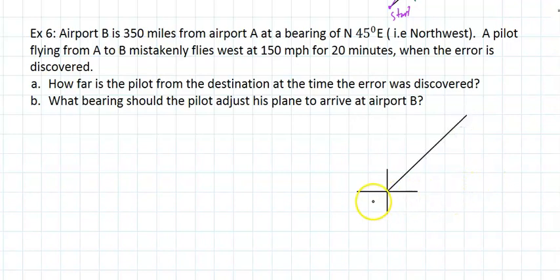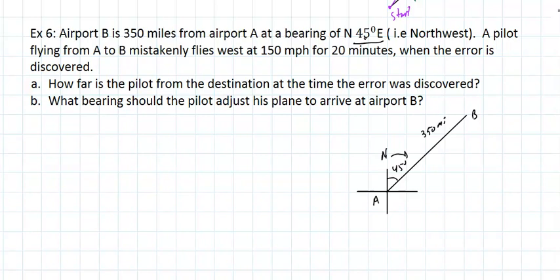Airport B is, so this is A, this is B. This is a distance of 350 miles. Not only that, I know it's 45 degrees starting at the north and heading toward the east. That's what that means.